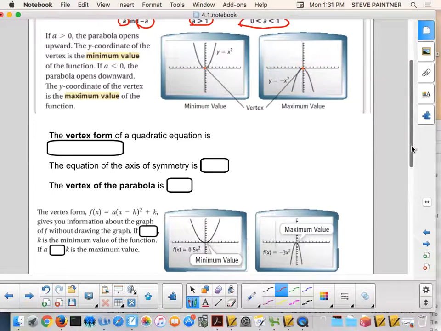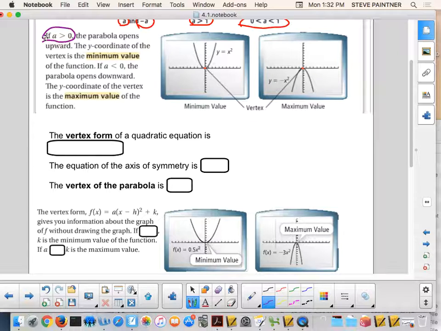Okay, next. Here they talk about minimum and maximum value. That's what I was trying to get you to say in the very beginning. I'm going to read it to you, but it might sound a little confusing, but just stick with me. If your A value is greater than 0, think to yourself, A is greater than 0 just means what kind of number is A? Positive.